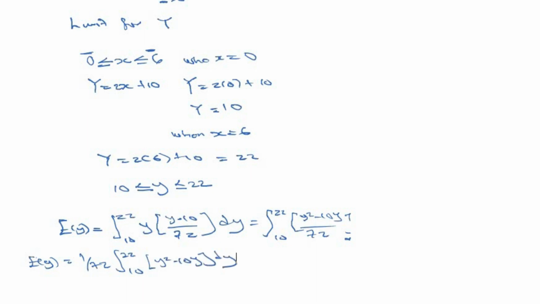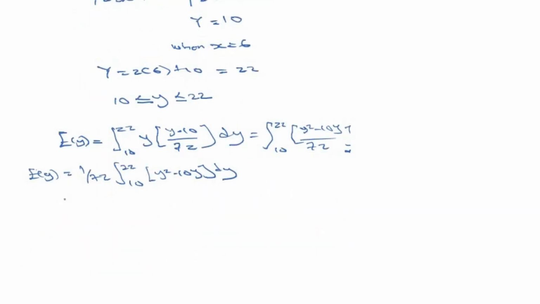So now we are going to integrate this. Before integrating, let's split this into 2, because we have a minus in the middle. This is the integral from 10 to 22 of y squared dy, minus the integral from 10 to 22 of 10y dy.